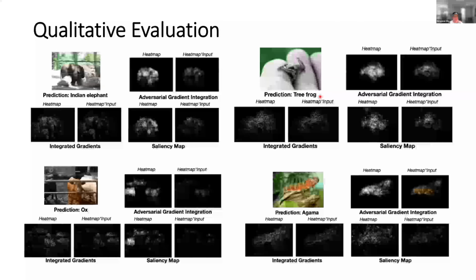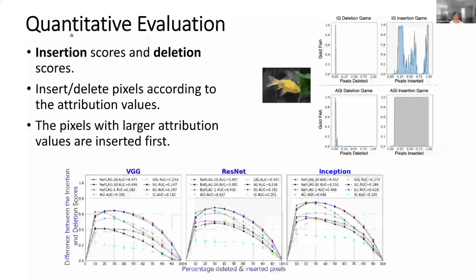So this is just the qualitative evaluation. By eyeballing, we know our approach can find the real features, but how do you prove it? So we did some quantitative evaluations using insertion and deletion scores. In a nutshell, for each image, we try to find the most important pixels.